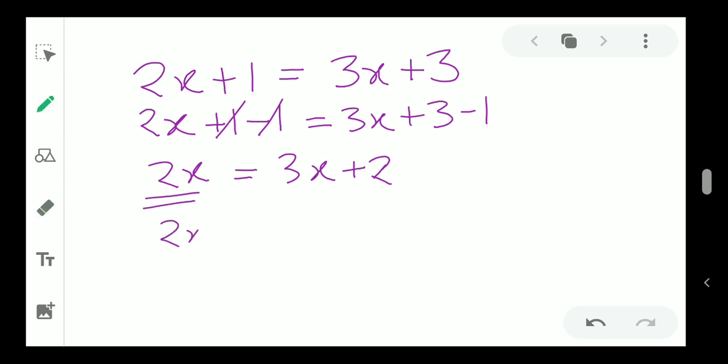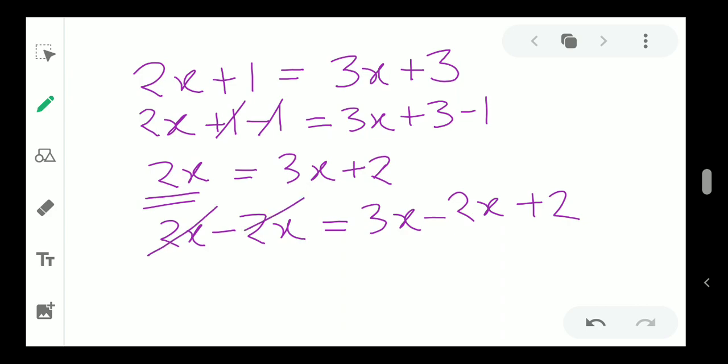So I will subtract 2x from here, so I have to subtract 2x from there also. So from here also I am subtracting 2x, and plus 2 was there already. So this and this gone, because they are the same thing, and subtracting the same thing from the same quantity will result in 0. So on that side, I can write the whole thing on this side.